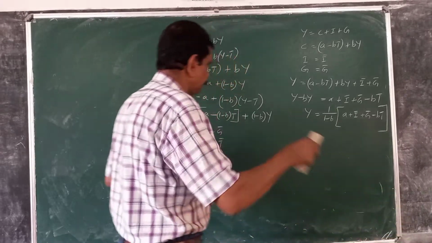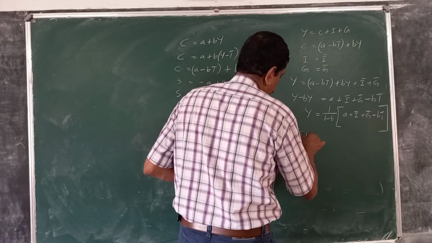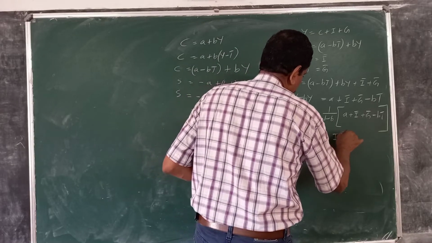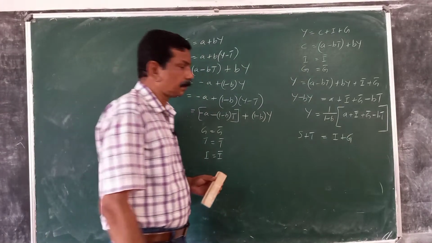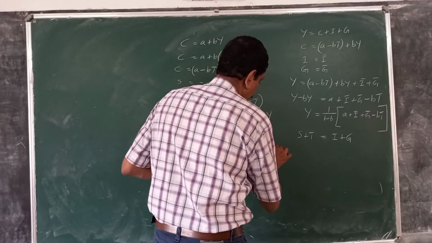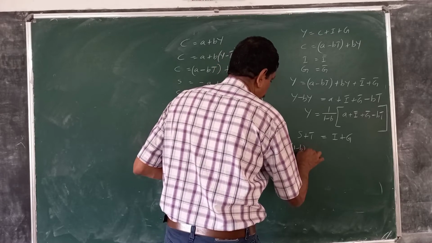Now, in terms of saving-investment equality, we can write the condition for equilibrium as S plus T is equal to I plus G. And what is S here? S is minus A plus (1 minus B)Y, minus (1 minus B)T.